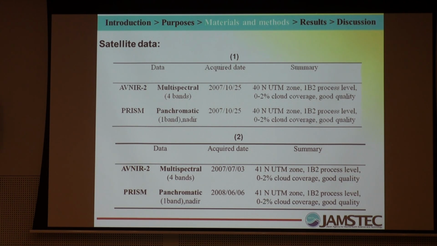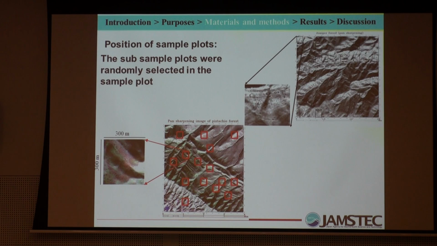We also got the same data for the pistachio forest from the ALOS satellite, the AVNIR-2 and PRISM. For getting field sampling data, we made pan sharpening with the panchromatic data and the AVNIR-2.